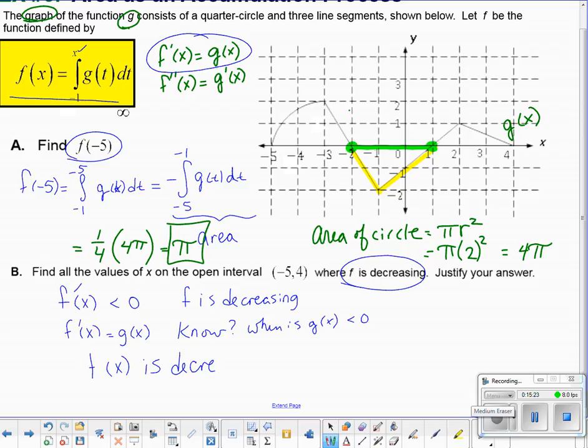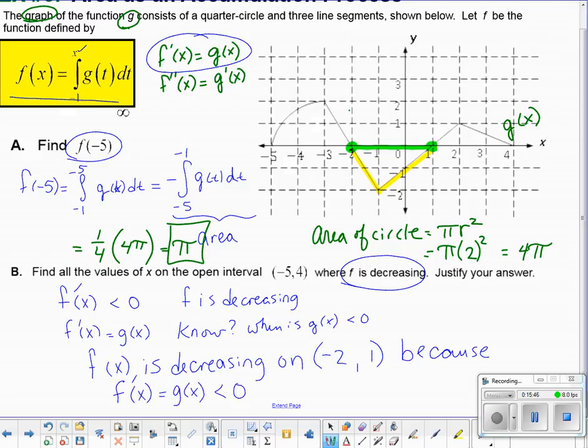F of x is decreasing on the interval from -2 to 1 because f prime of x, which is equal to g of x, is less than 0 on this same region. Or you could repeat from -2 to 1. Clear?